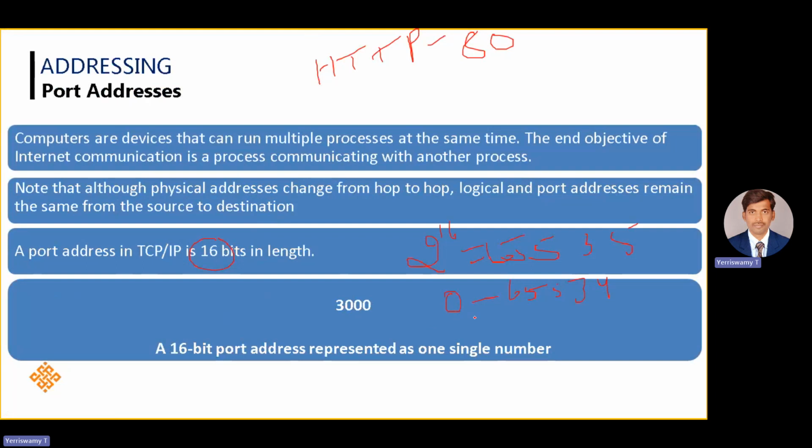Any port number that falls between 0 to 65,534, you can use as user defined, except the standard port numbers. Port addresses are mainly used to identify the protocols, maybe a standard protocol or a user defined protocol, for the purpose of communication. Here I have given one port number, 3000, which is user defined, and it is a valid port number because that value falls between 0 to 65,534.